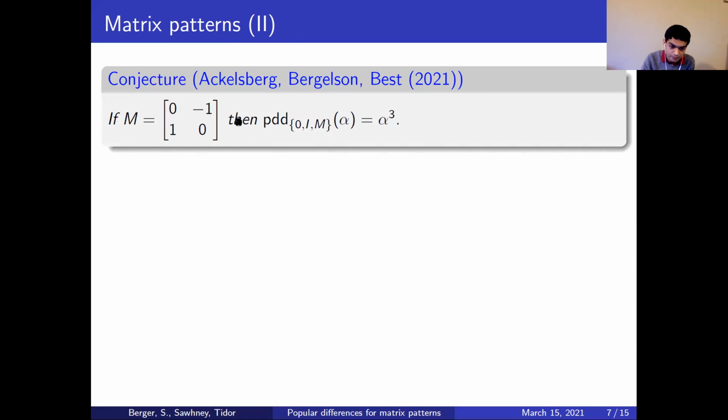And just rephrasing what their conjecture was in our own notation, they were basically asking whether the popular difference density of this corners pattern, which is these three matrices, is alpha cubed. So matching a random set.